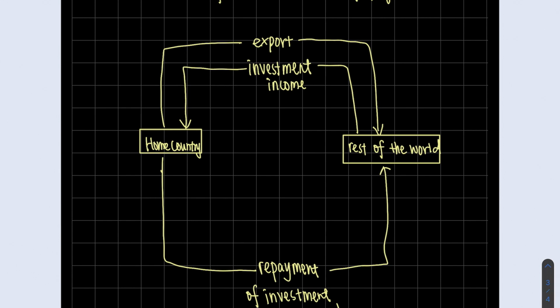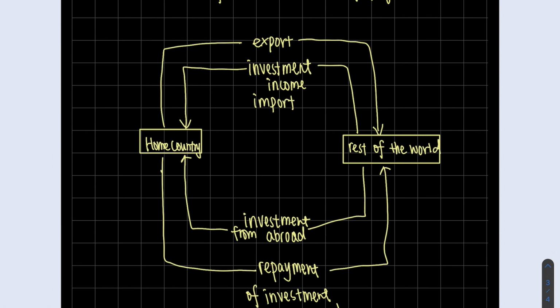We can also understand that as the investment from abroad. The third line is the import from the other country to our home country. And then we can understand that as the repayment of a foreign investment.